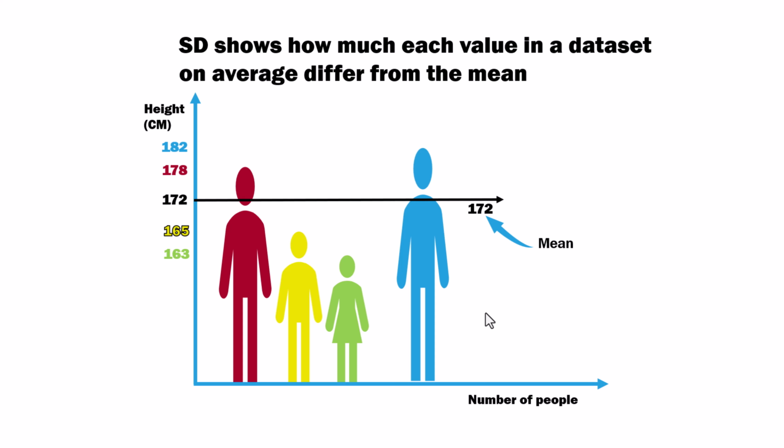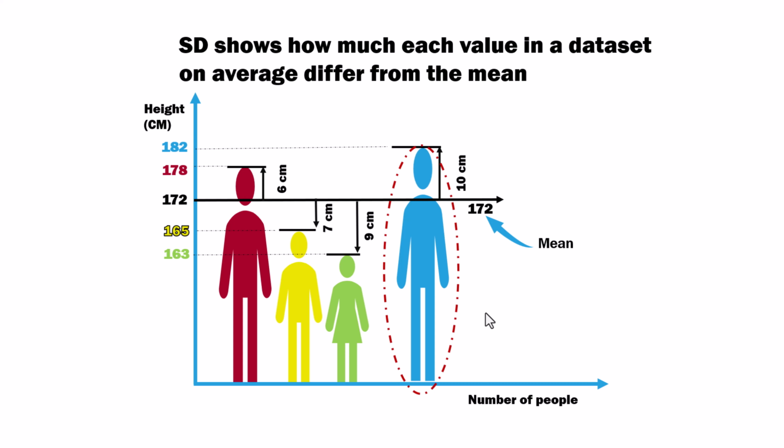We want to know how much each person's height deviates from the mean. Based on the figure, the first person's height is 178 centimeters, which deviates 6 centimeters from the mean. The second person deviates 7 centimeters, the third 9, and the fourth 10 centimeters. In general, people who are very tall or very short deviate more from the mean.